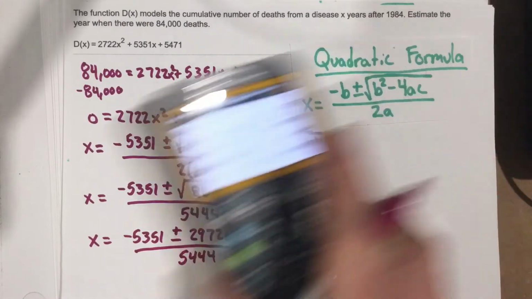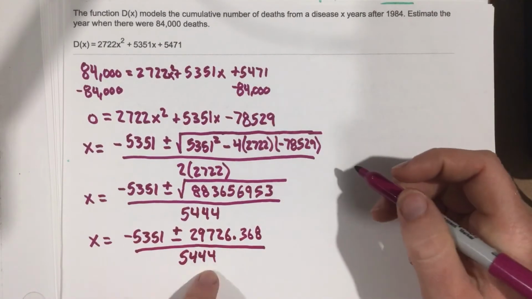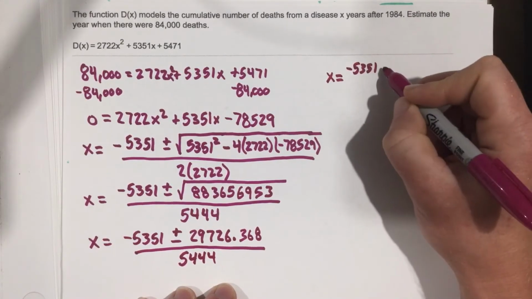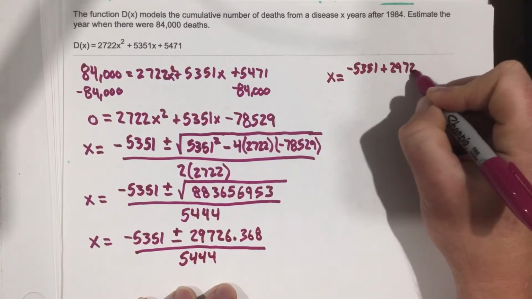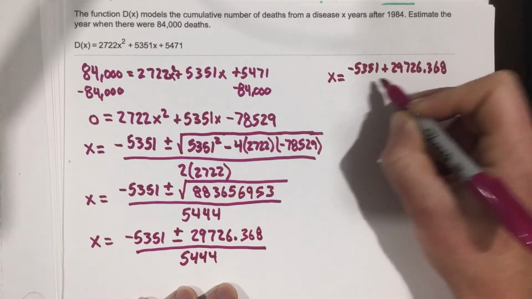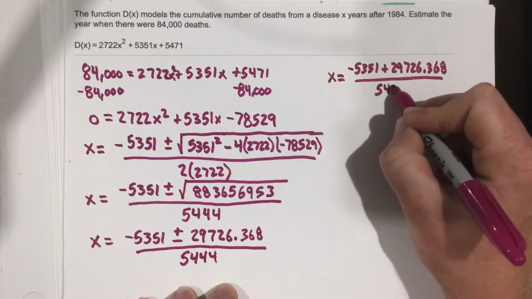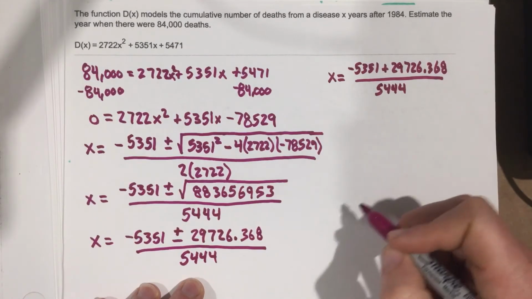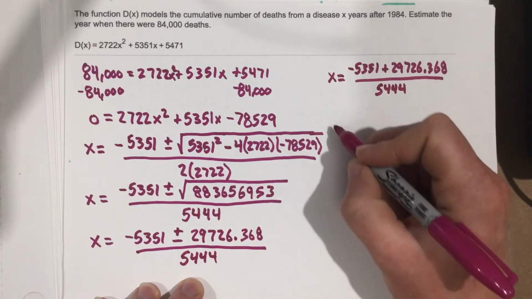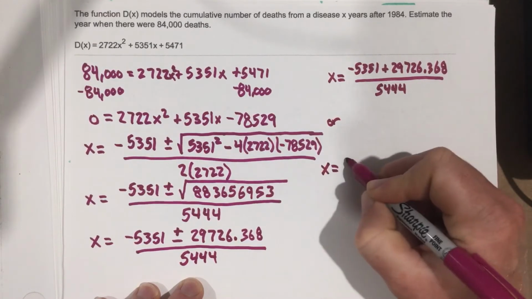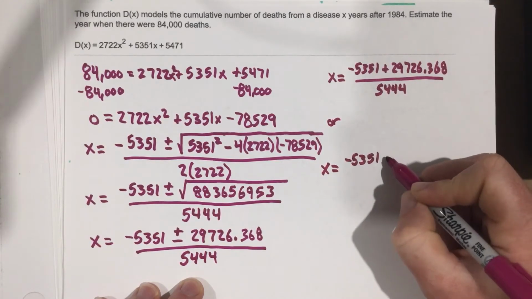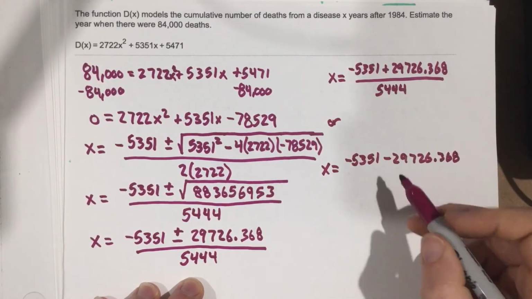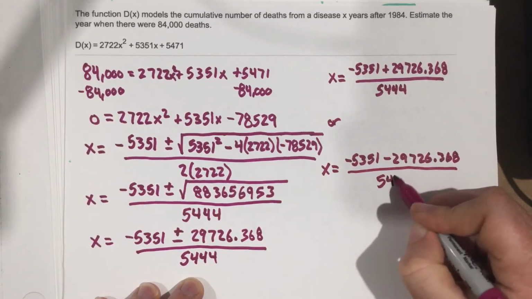Alrighty. Now we're going to go ahead and split these two things up, and we're going to say x equals negative 5351 plus 29,726.368 over 5,444, or x equals negative 5351 minus 29,726.368 over 5,444.